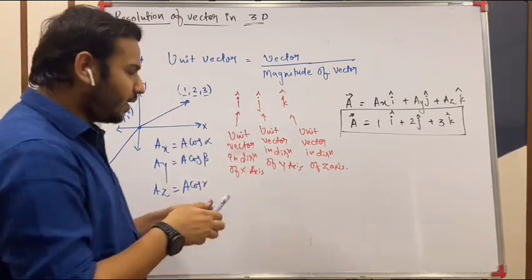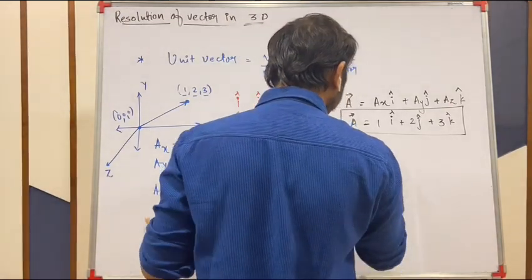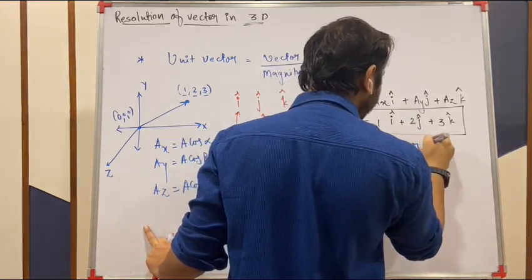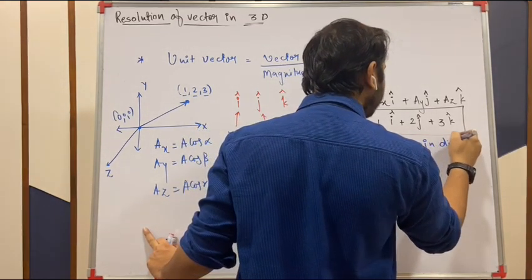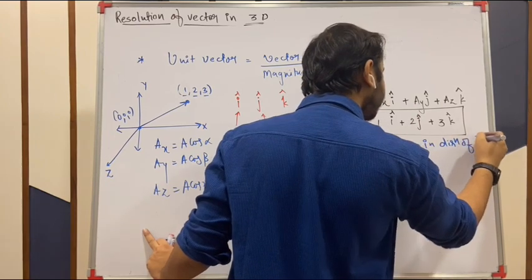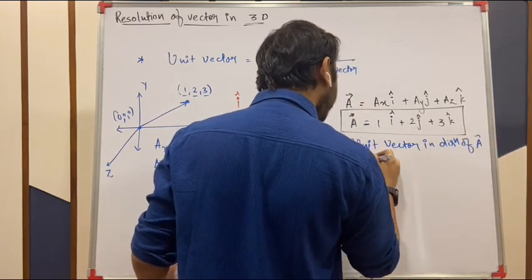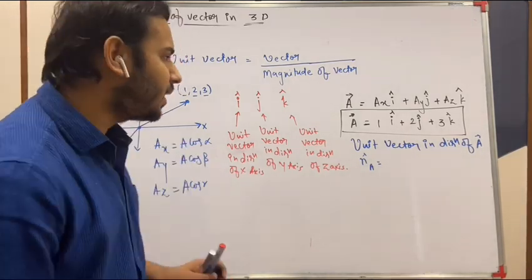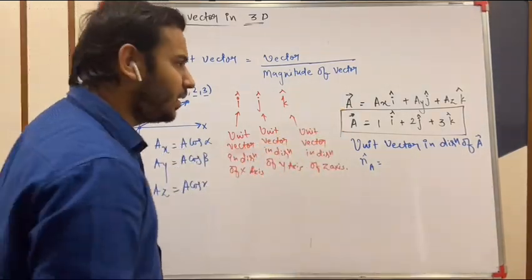Now, if I want to find unit vector in direction of A, that is called nA cap. Unit vector in direction of A is called nA cap: vector upon its magnitude.